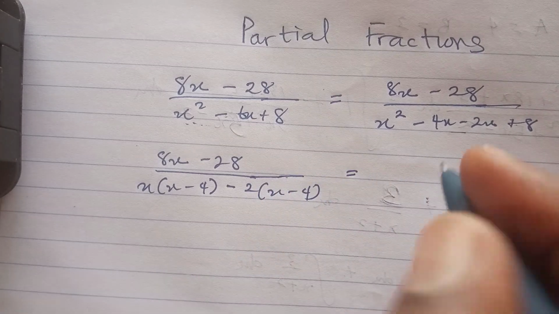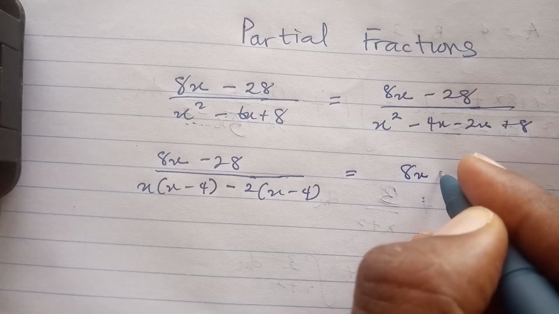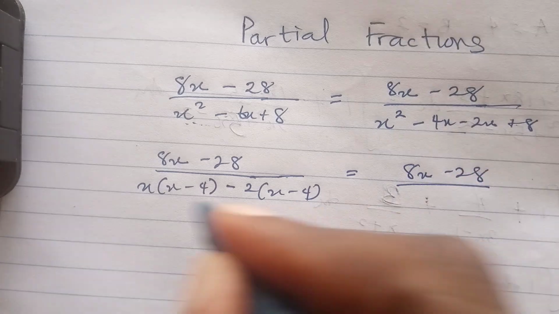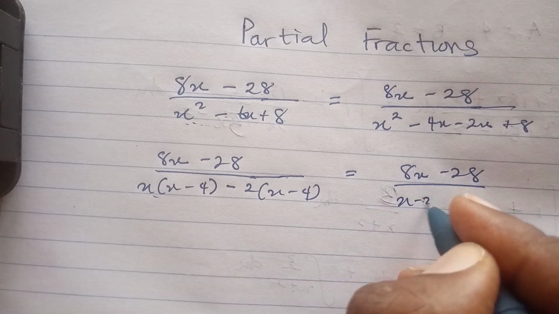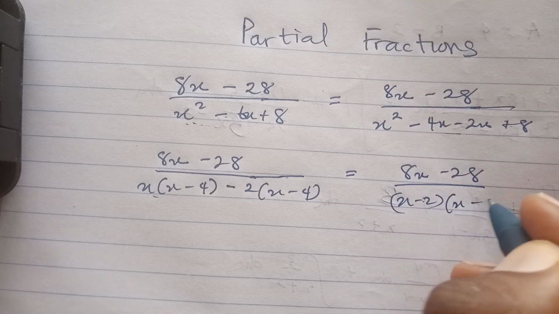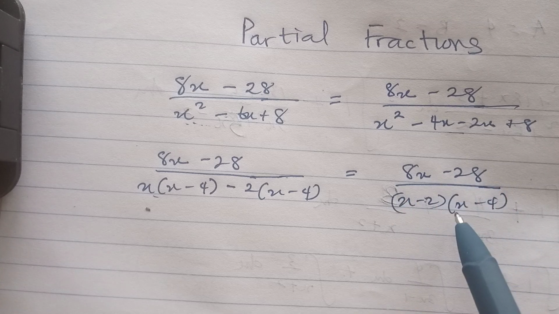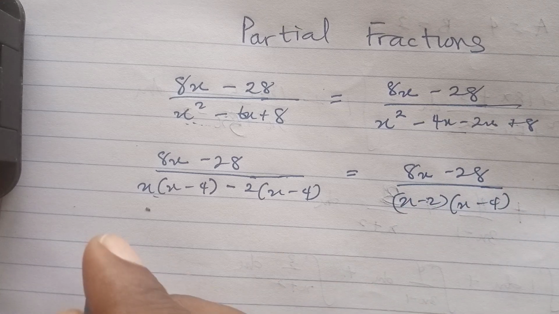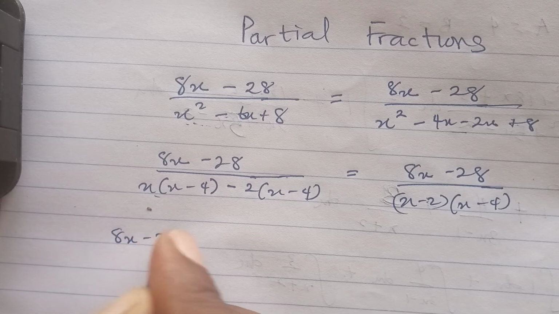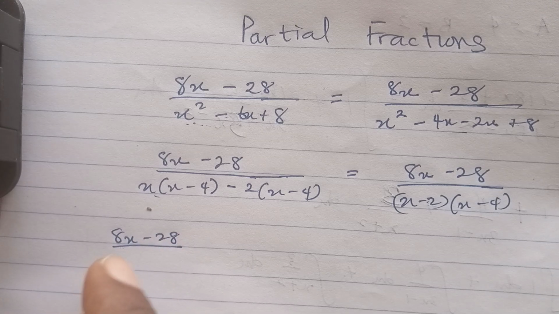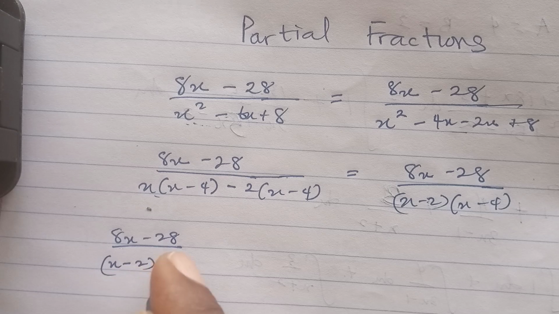So finally we'll have 8x minus 28 over (x minus 2) and (x minus 4). So this can be factorized.